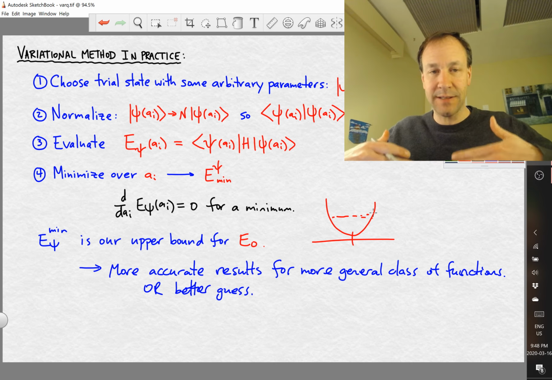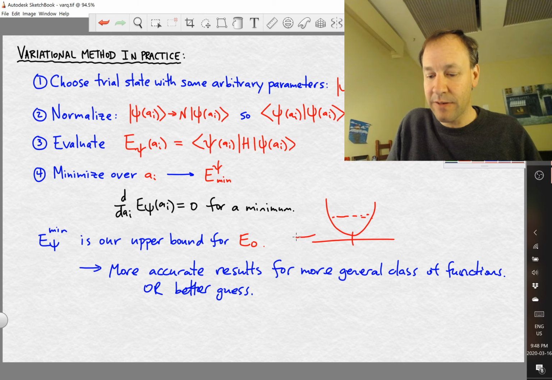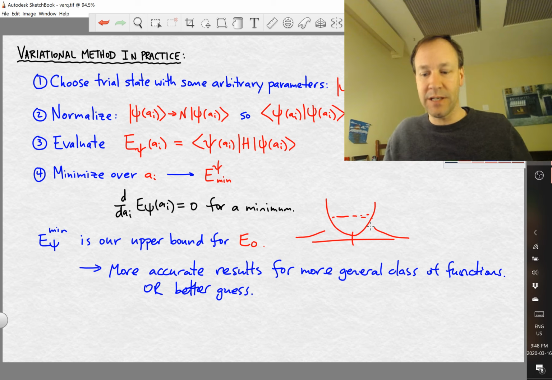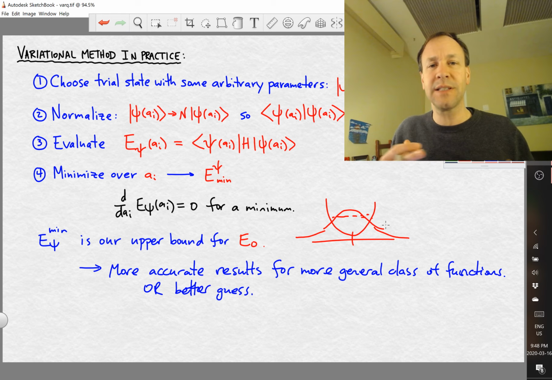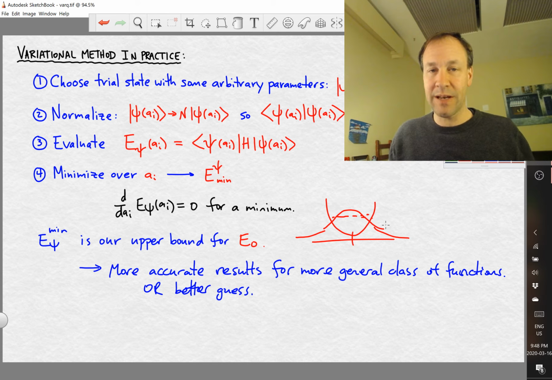If the particle has a certain energy classically, it can't go past a certain value of x. So we might think that we should be looking for a function that dies off for large values of x. We can use a little bit of our physics intuition to come up with a more clever guess for our variational wave function. It's usually not possible to try all the wave functions, so we have to be as general as possible, and then also use whatever extra physics input we can to make the best guess possible.